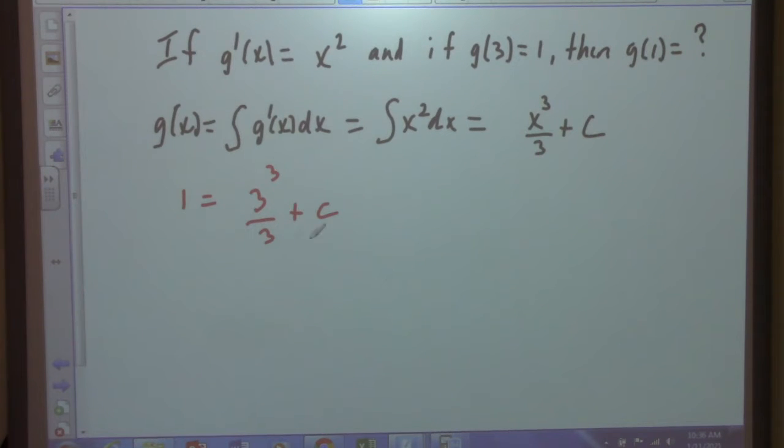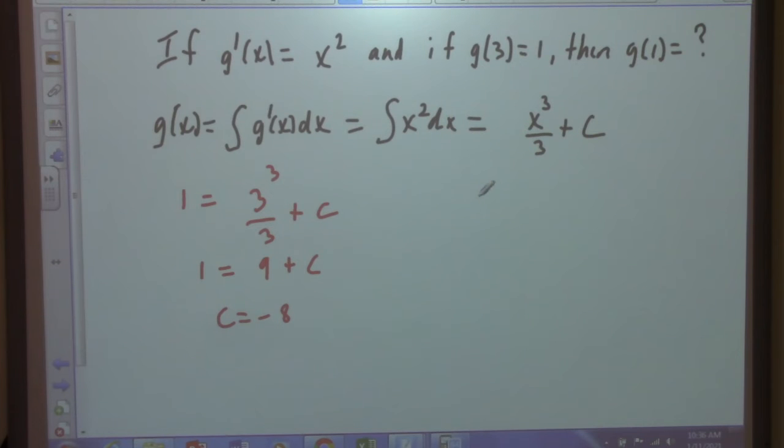So now we're getting our particular solution, which is 1 is equal to 27 over 3. Well, 27 divided by 3 is going to be 9. Is that right? Yes. So c is equal to negative 8.